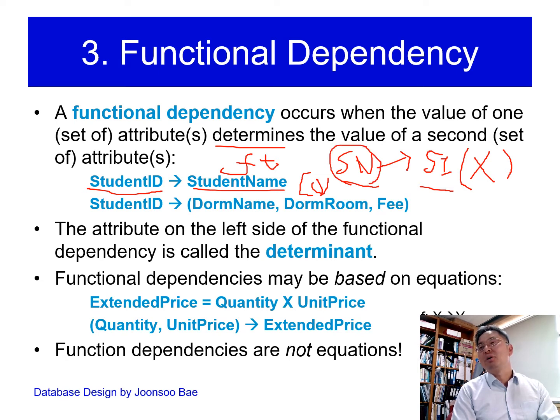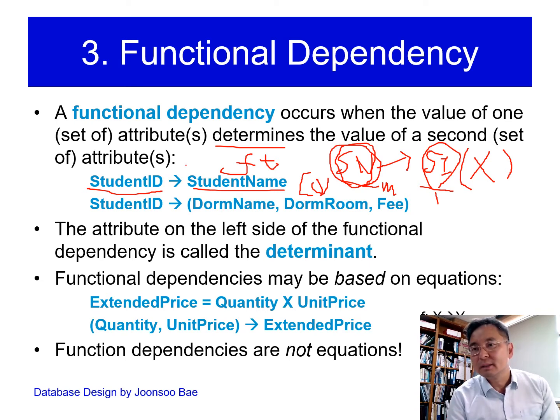Then it is a many-to-one mapping, so it is not a function. Even though we know the name of the student, we do not know the student ID. So the reverse is not a function. But if you know the student ID, then you surely know the name of the student. So that is a function.